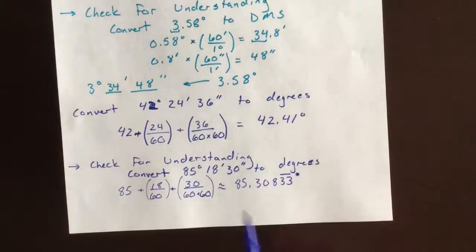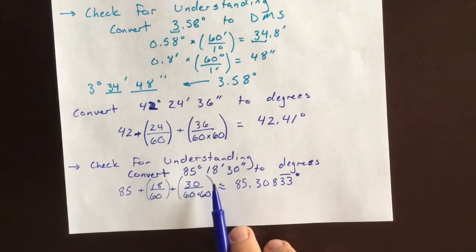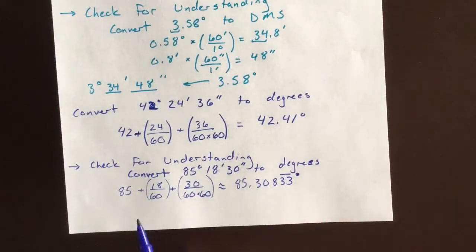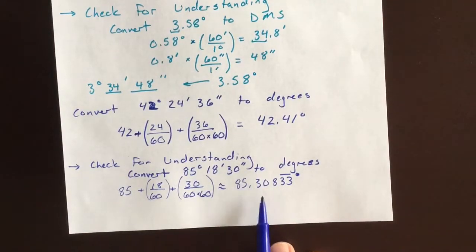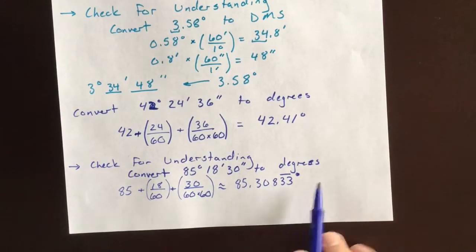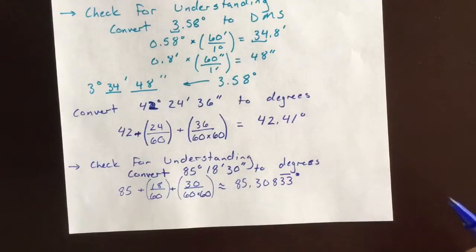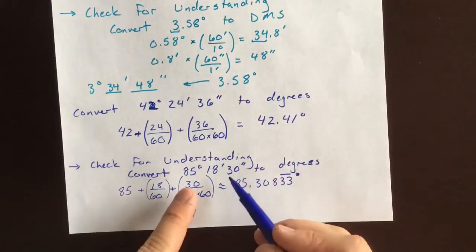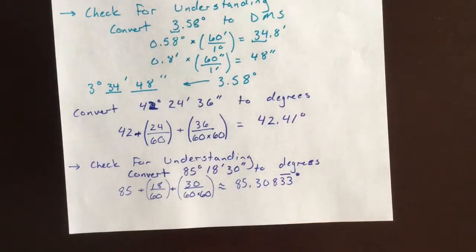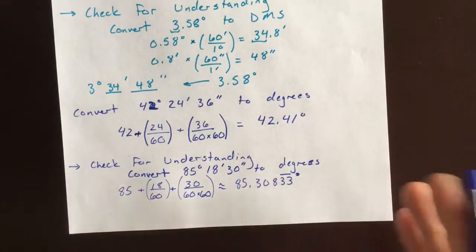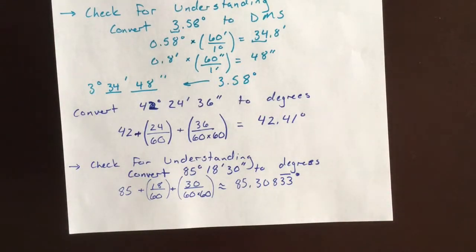Okay, so in converting our angle measure to degrees notation, we found that we get 85.30833 repeating degrees. Again, just breaking this up as they already did for us and knowing what we divide each number by. And that is how we go from DMS to our decimal degree.